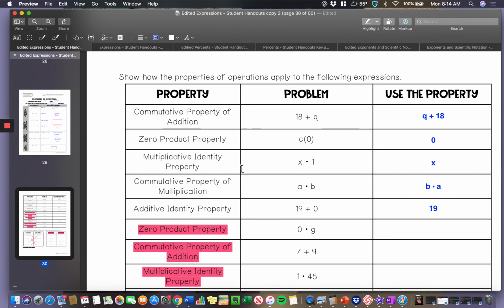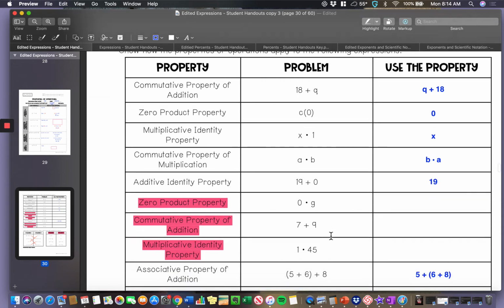For the multiplicative identity property, we have X times 1, where if I use the property, I'm going to be getting X no matter what. So the commutative property of multiplication, we have A times B, and when I flip that over, I have B times A. For the additive identity property, we have 9 plus 0 is still going to give me 9.